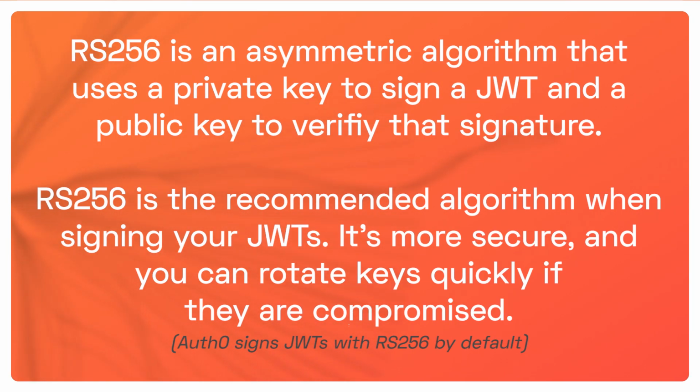RS256 is an asymmetric algorithm that uses a private key to sign the JWT and a public key to verify that signature. RS256 is the recommended algorithm when you're signing JWTs. It's more secure and you can rotate your keys quickly if they are compromised. And just a side note, Auth0 signs JWTs in our applications with RS256 by default.